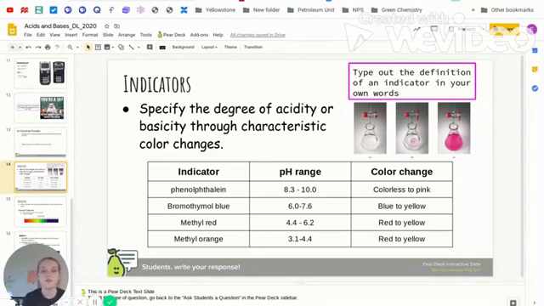Methyl red is more on the acidic side, 4.4 to 6.2, going red to yellow. Methyl orange has the same color change, with a pH range between 3.1 and 4.4, on the acidic side of the pH scale.